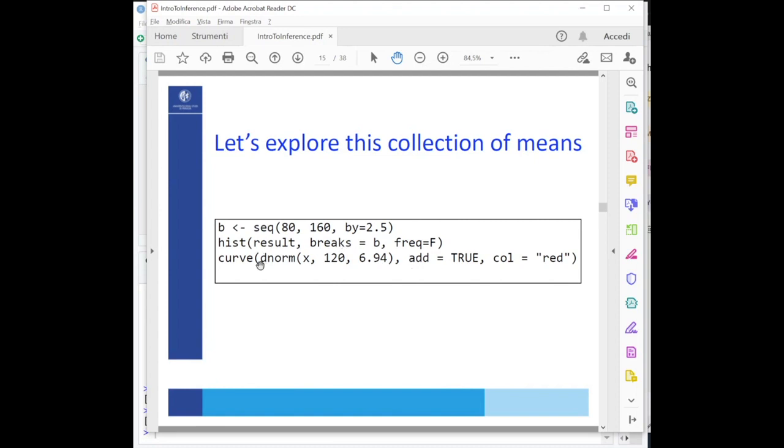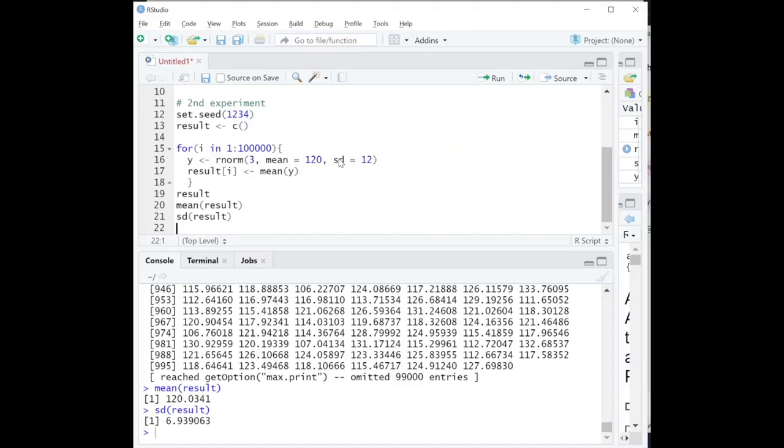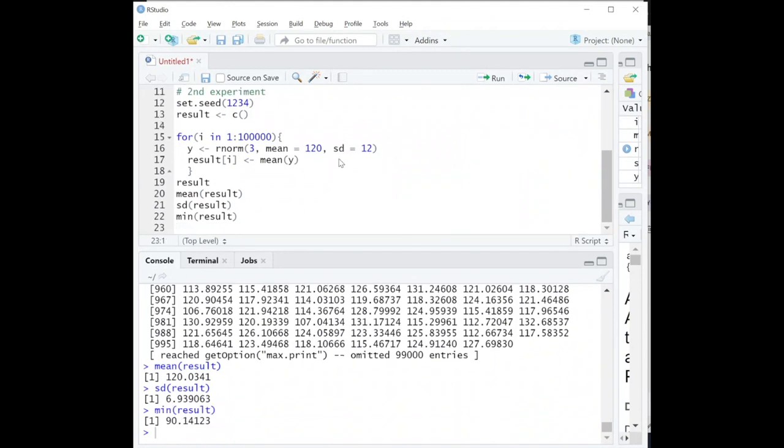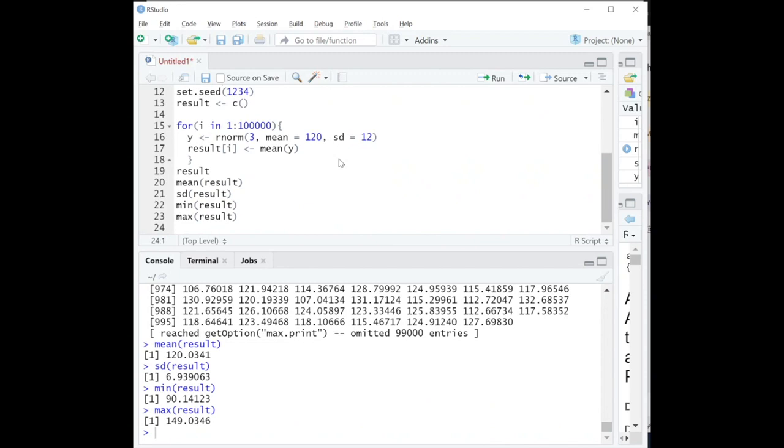I'm creating a sequence going from 80 to 160. Let's see what is the minimum for our means. The minimum value is roughly 90, and the maximum value is roughly 150, right? So I wanted to go even a bit further.